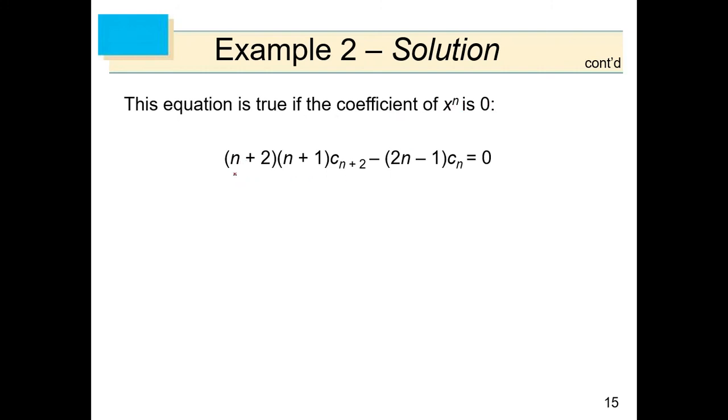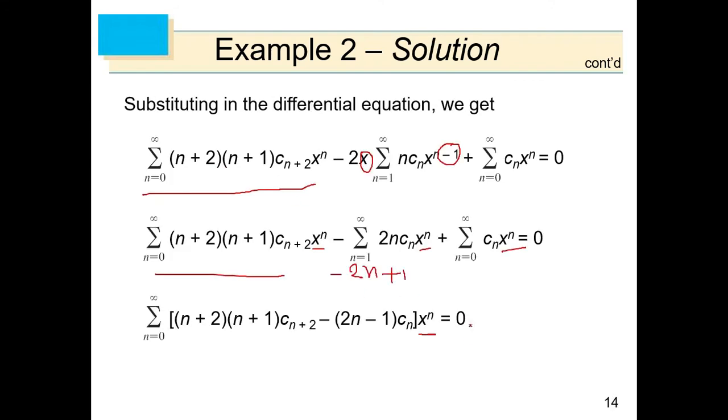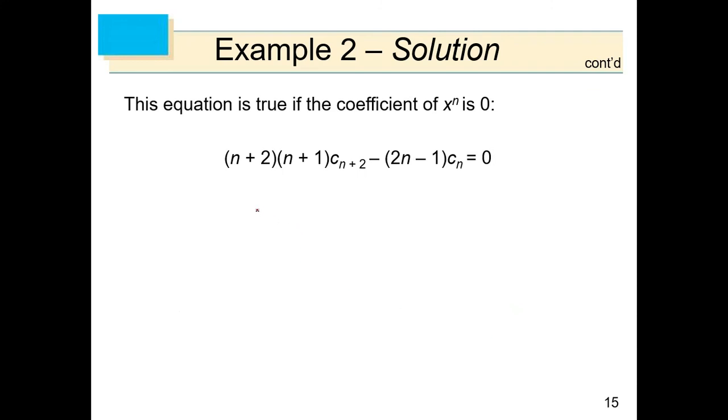So we get (n plus 2)(n plus 1) Cn plus 2 minus (2n minus 1) Cn is equal to 0.